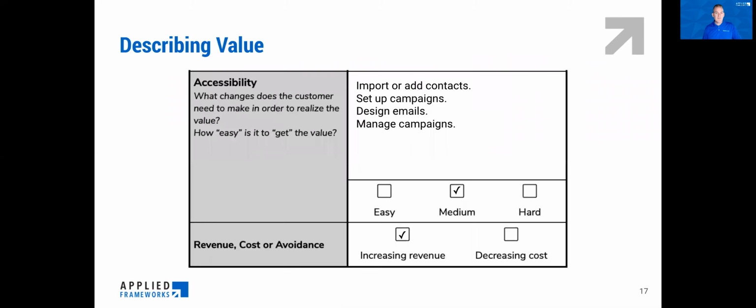As you think about accessibility, as a MailChimp user ourselves, to get started, this is all about importing or adding contacts, setting up campaigns, designing emails, and managing campaigns. While MailChimp has made this easy to do, there is some work involved. So I classify this as medium to get started and start accessing the value that the product offers. And of course, this is a play to increase revenue.